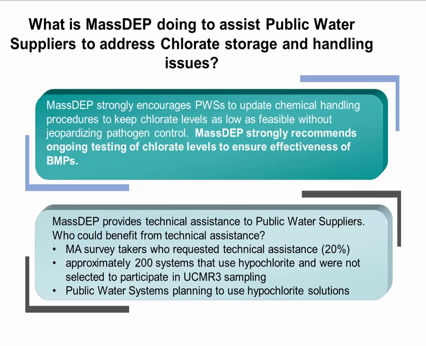Mass DEP provides technical assistance to public water systems with a priority for the 20% who indicated a need for technical assistance, and the 209 systems not selected to participate in the UCMR3 sampling to further identify and share best management practices for chlorate mitigation.